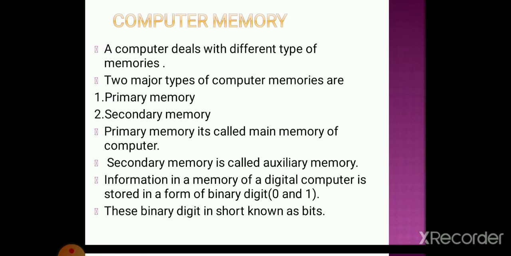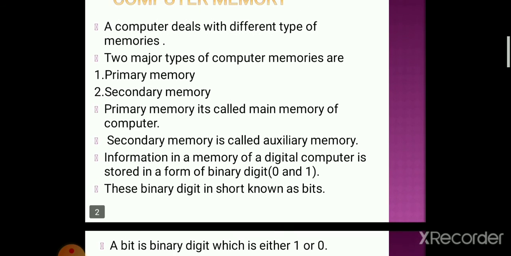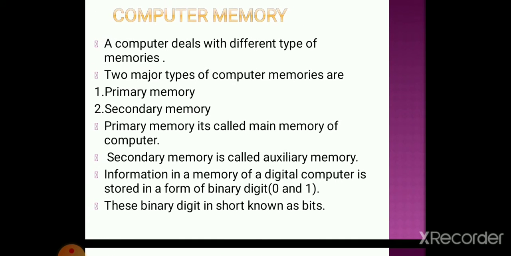Computers also need to store data and instructions for further use. So memory is a part of the computer where data and instructions are stored.